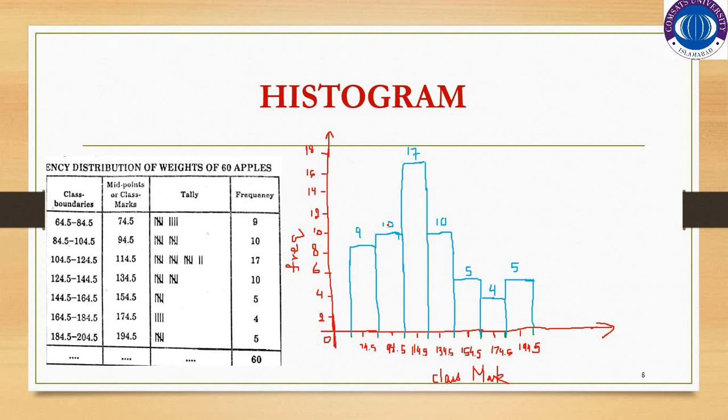That means the number of units falling in the class is 10. So this is the total spread of the data, and you can see that the class with class mark 114.5, lower class boundary 104.5 and upper class boundary 124.5 has the maximum units, which are 17. So this is the way of representing the data in the form of a histogram.